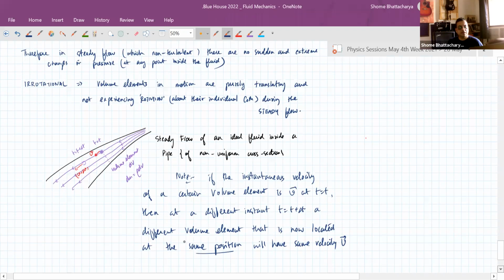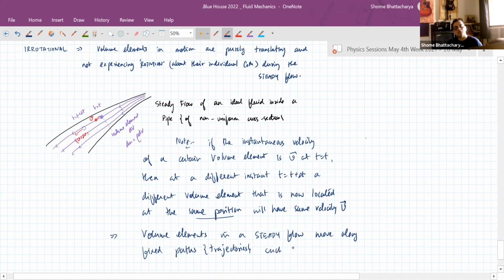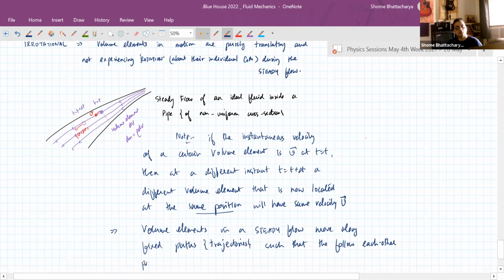Okay, so this implies that volume elements in a steady flow move along fixed paths or trajectories, such that they follow each other precisely, and each point in a trajectory has a defined value of velocity.